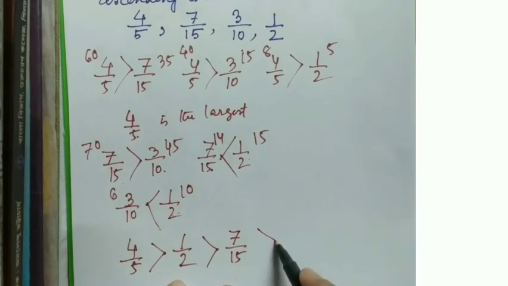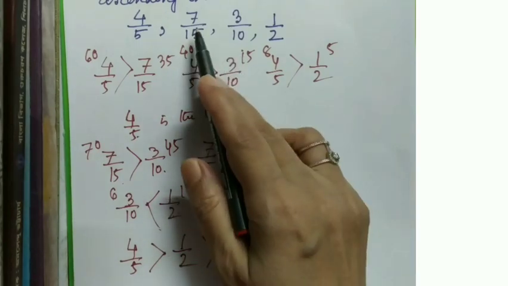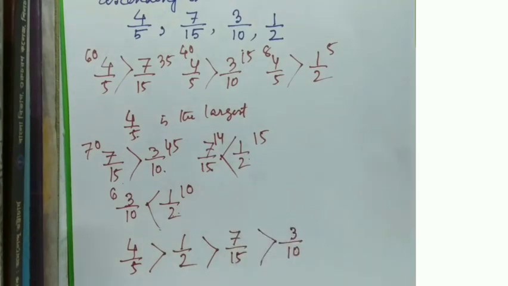And in last position, 3 divided by 10 will come. So you see 3 by 10 is the smallest one, then 7 by 15, then half, and then the largest one is 4 by 5. But here in the question it is written ascending order, that means small to big.